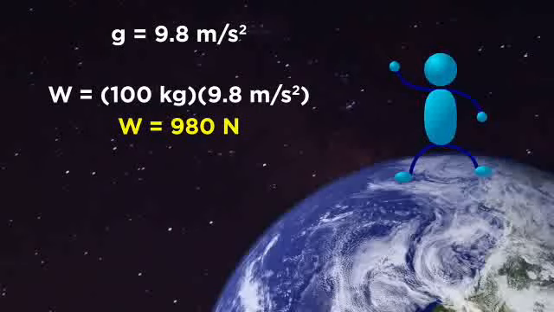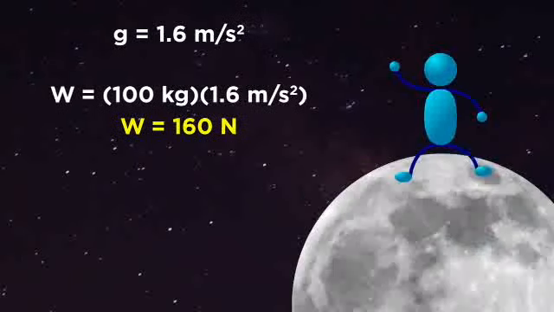On the surface of the Earth, the acceleration due to gravity is 9.8 meters per second squared, so their weight will be 980 newtons. On the Moon, acceleration due to gravity is about 1/6 of that of Earth's, because the Moon is much less massive, so the person will weigh considerably less as well.